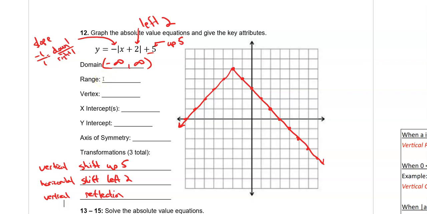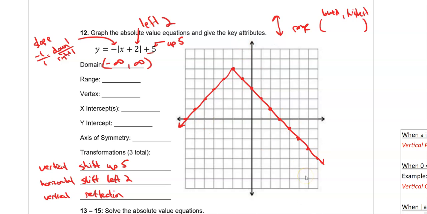The first thing is the range. And remember, when you write the range, you write the lowest number, comma, the highest that it ever goes. And it's up and down, right? So range is up and down. What is the lowest this ever hits? It goes down forever.